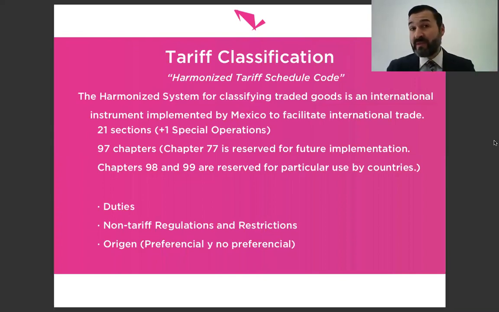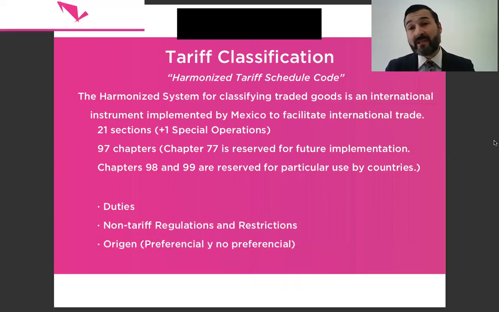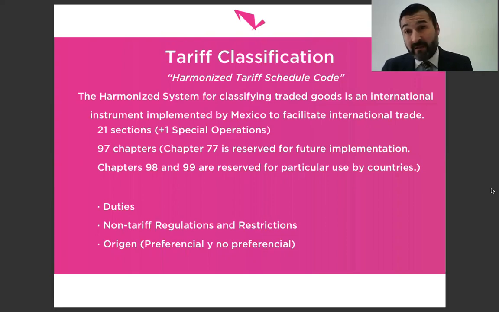So this is something we have to keep in mind when thinking about importing goods into Mexico. Not everything is related to the cannabis itself, but there are some other industries that are, of course, willing to come into Mexico for these purposes.